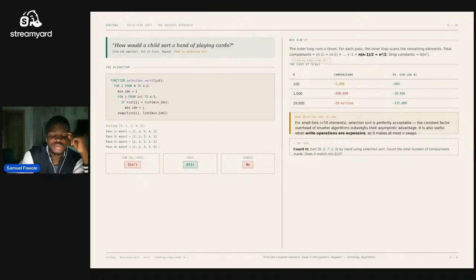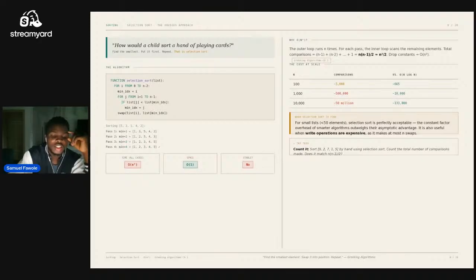So if the element at position j, which is position 1, that's 3, is less than the element at our min index, position 0, so we are checking 3 and 5. If 3 is less than 5, our min index will be 1.